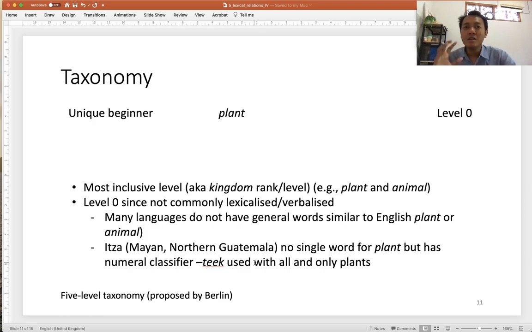In other words, we know that Itza culture has a cognitive representation of plant in their mind, but they don't have the words to express that. That kind of knowledge is reflected in the grammar of this language, namely in the numeral classifier.